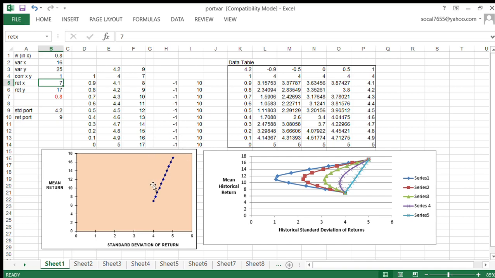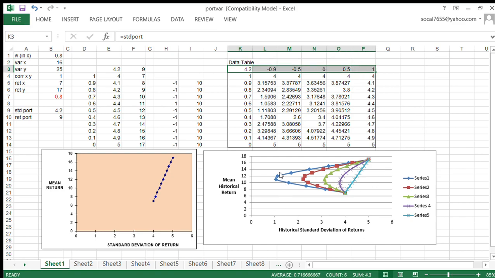And that's the behavior of the feasible set holding var x, var y, return on x, and return on y constant. In other words, just starting with an x and a y stock, and then allowing the correlation coefficient that we assume to be true to change, and then we see what happens to the feasible set. And over here in this part of the spreadsheet, you can see it all in one picture, where the values I assume for the correlation coefficient are what you see up here in the gray color.